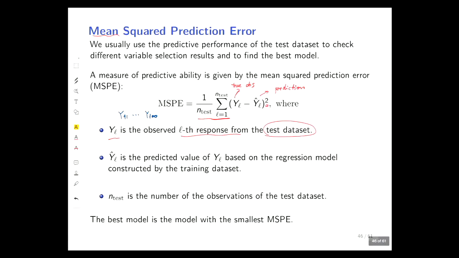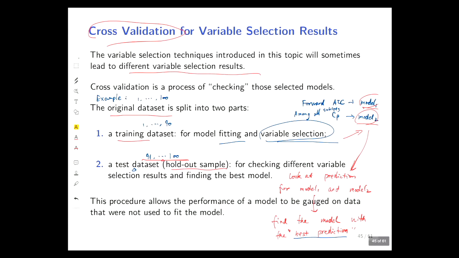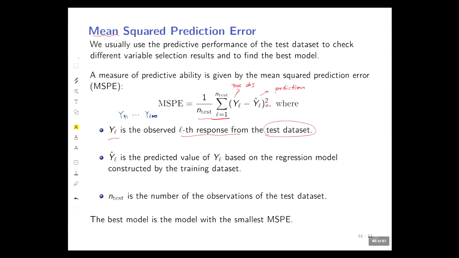So we only consider those response values in the test data set. We no longer consider values from the training data set, because the training data set is only used to obtain the model fitting and variable selection results. It's not used for checking the variable selection or the prediction. And also we have the prediction. If you still remember, the prediction is Y new equals beta 0 hat plus beta 1 hat x1 new, and so on, plus beta j hat xj new.